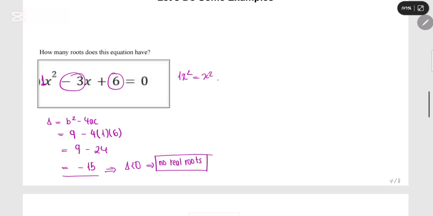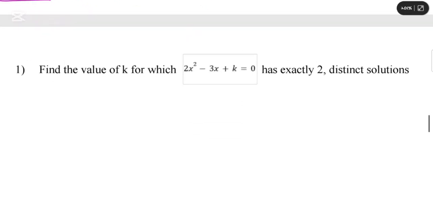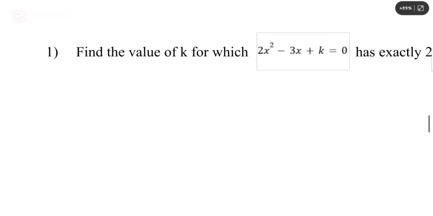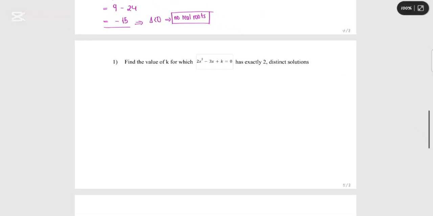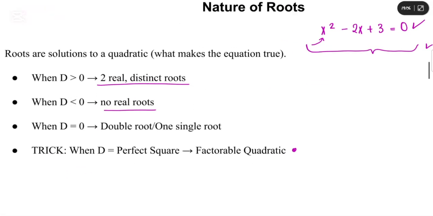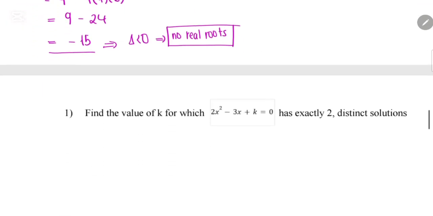First question, okay? Now find the value of k for which 2x squared minus 3x plus k has exactly two distinct solutions. We have to examine what two solutions means. Scrolling up, two distinct real roots means that the discriminant is larger than 0.